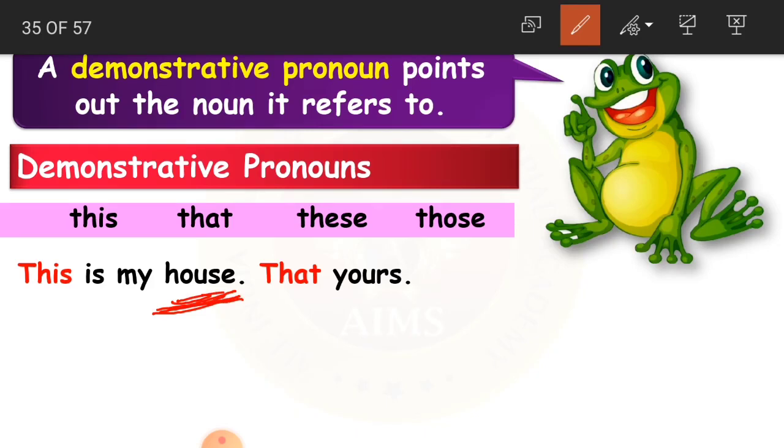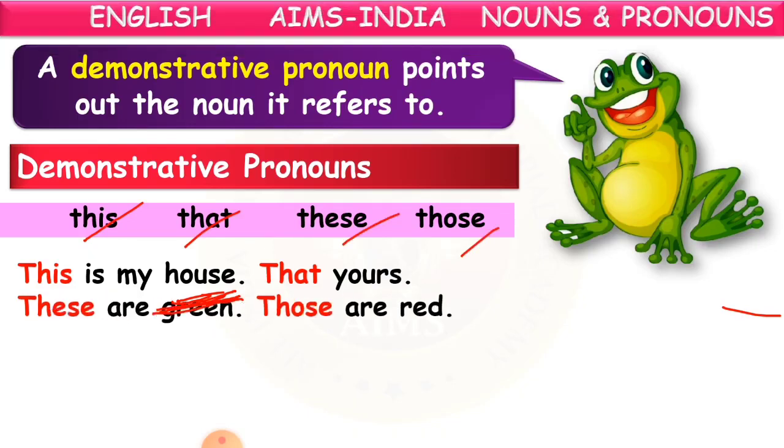This is my house, it points out that this is my house. That is yours. These are mine. Those are yours. So that particular noun is pointed out by the demonstrative pronoun: this, that, these and those. Okay, children?